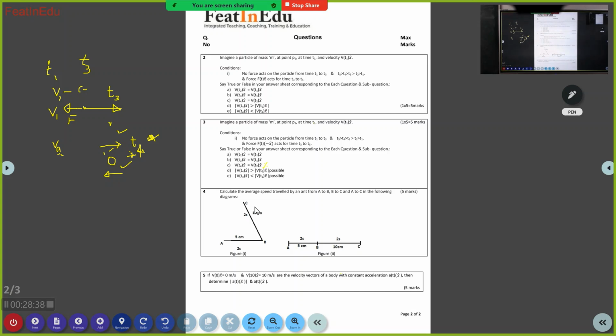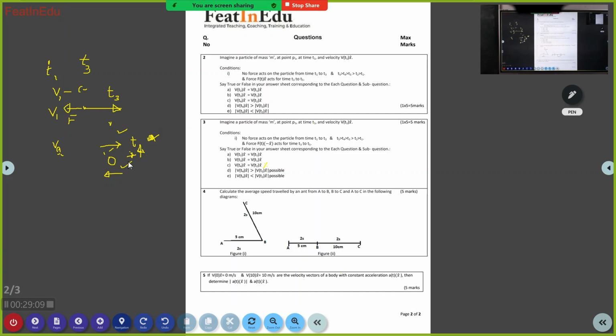False. Now VT4, see modulus, listen here, modulus VT4 is greater than modulus VT2. And the speed at T4 can be greater than speed at T2. So that means, now you see, your friend is going like this, now going at 10 km/h, and your friend started pulling back. What happens? It becomes 0, the cycle stops, but he continues to apply force.